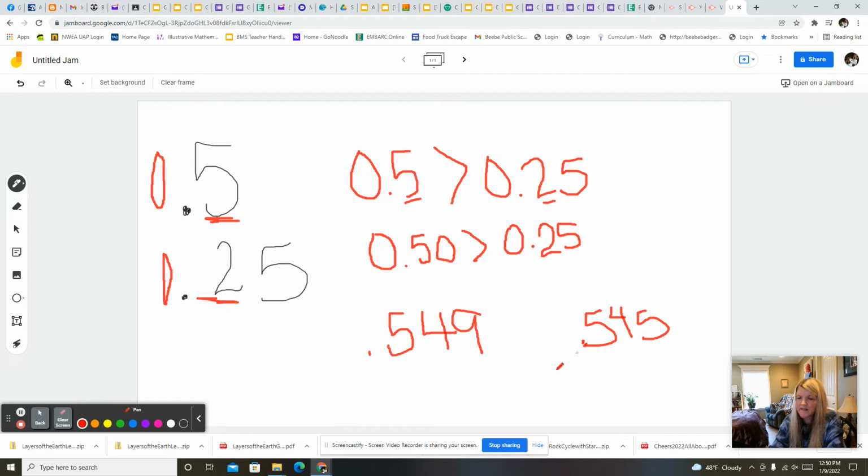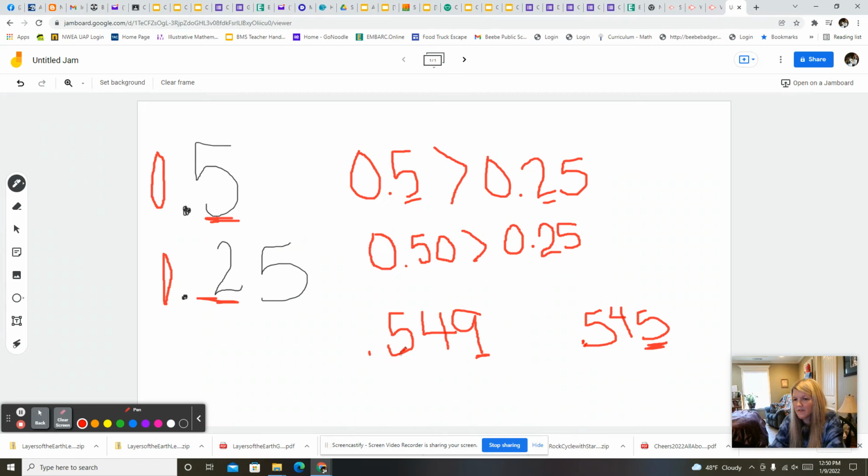And I think some of you kind of got confused on this, and you were thinking, since thousandths is so small, that even though this one had 9 thousandths, it's going to be less than this one that had 5 thousandths. But that is not the case. Even though thousandths is really small, if we have 9 thousandths, that's still more than only having 5 thousandths.